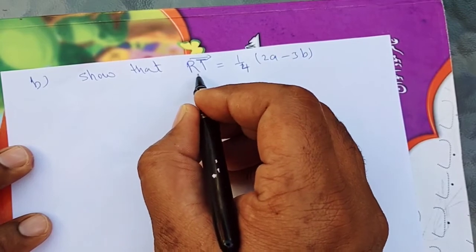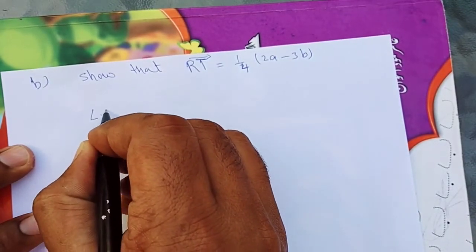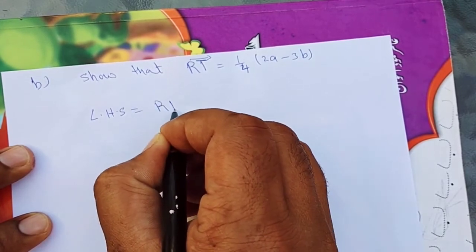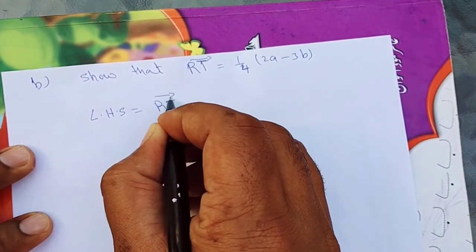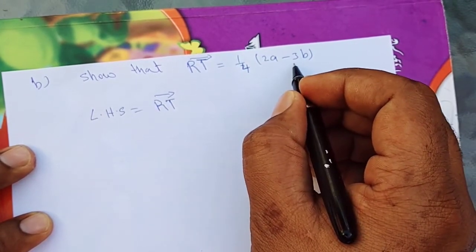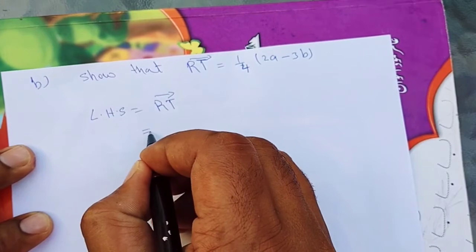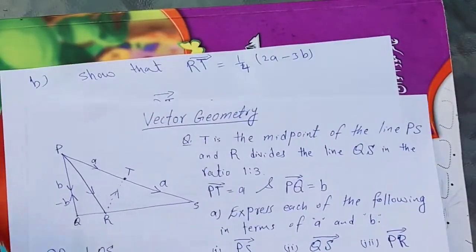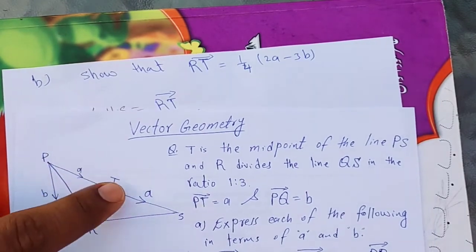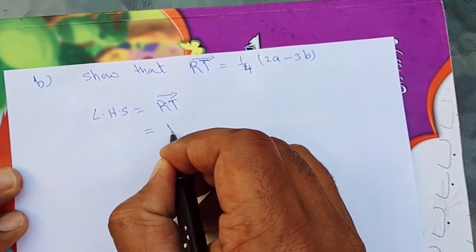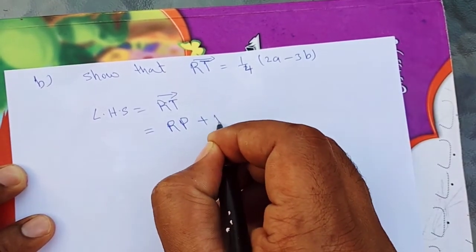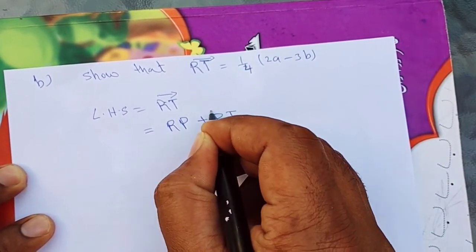This is the left hand side, equal RT. We will prove it equal 1 over 4 into 2a minus 3b. So what is RT? As I showed you, RT is RP plus PT.